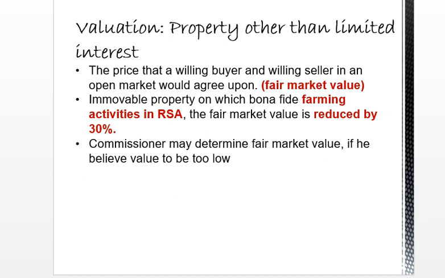So any property on which there are farming activities, the fair market value, you need to subtract 30% if a donation is made on that. And then if the willing buyer and the willing seller cannot agree upon a fair market value, then the commissioner will determine what the fair market value will be, if he, for example, believes that the value is too low.